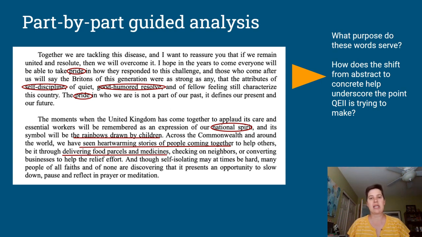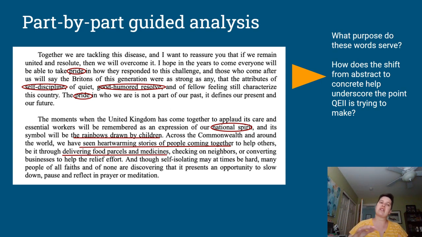She says pride again. And then the last abstract word is national spirit. She then changes into a more concrete type of verbiage. For instance, the rainbows drawn by children, heartwarming stories of people coming together, delivering food parcels and medicines.